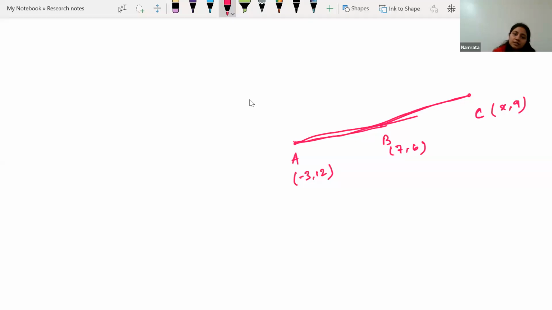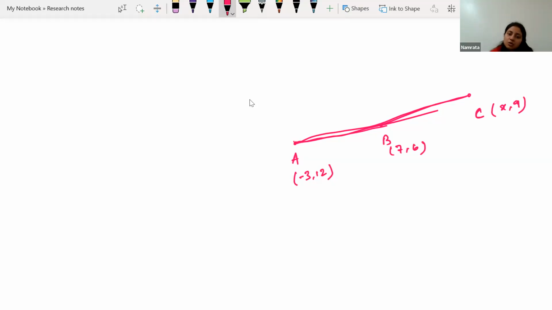If these 3 points are on the same straight line, then we are not sure about the distance between them. One thing we can say is AB plus BC is equal to AC, but that will be more calculative, rather than that, it is a 1 mark question.